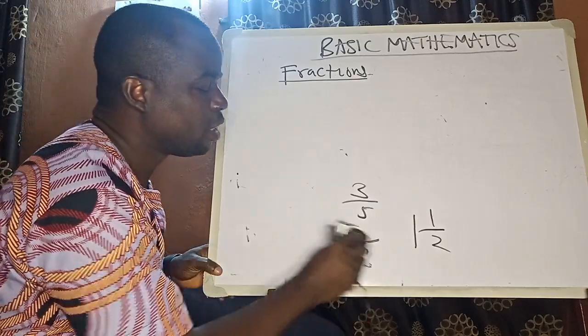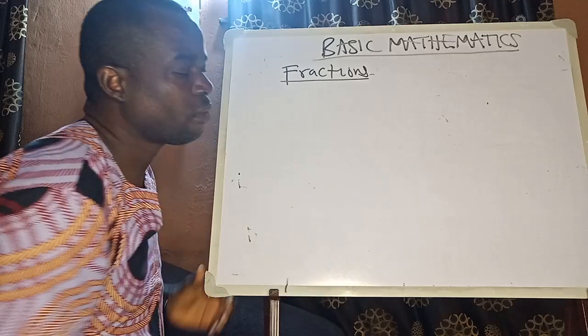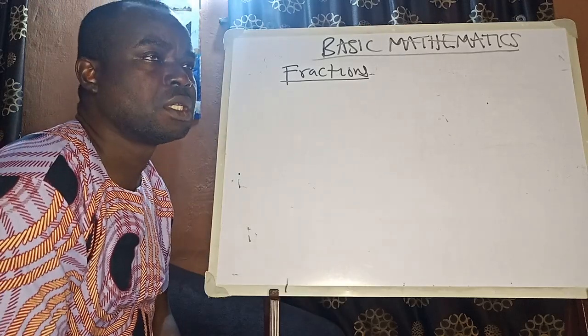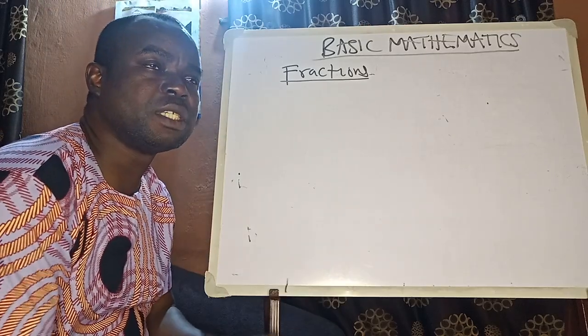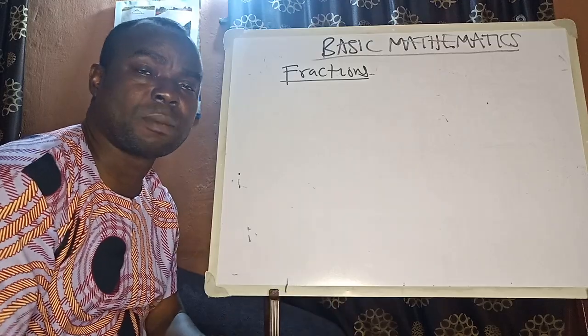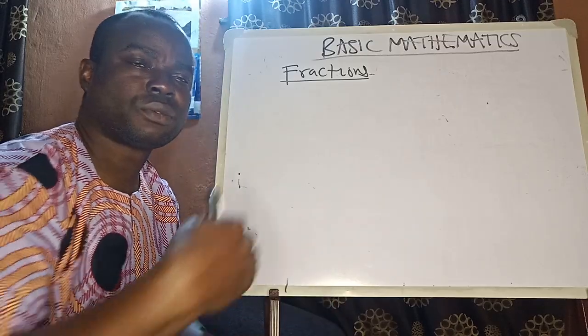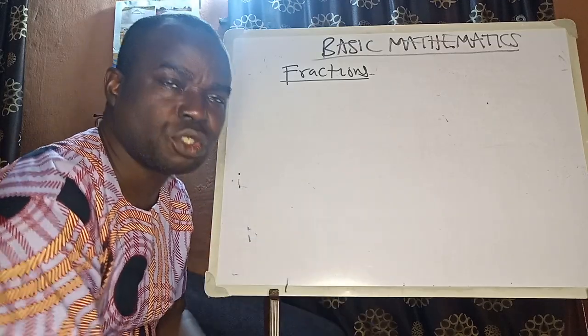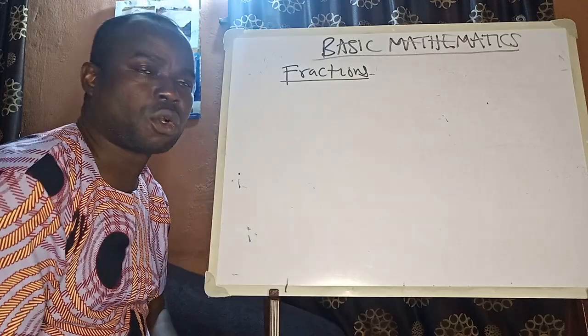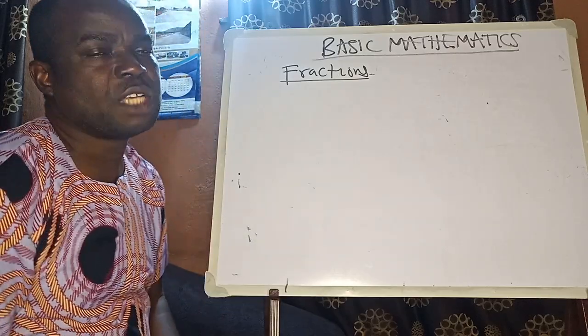Now we will go quickly into the examples. In this video, we're going to be talking about the concepts of addition, subtraction, multiplication, and division. But first of all, let's look at this question.